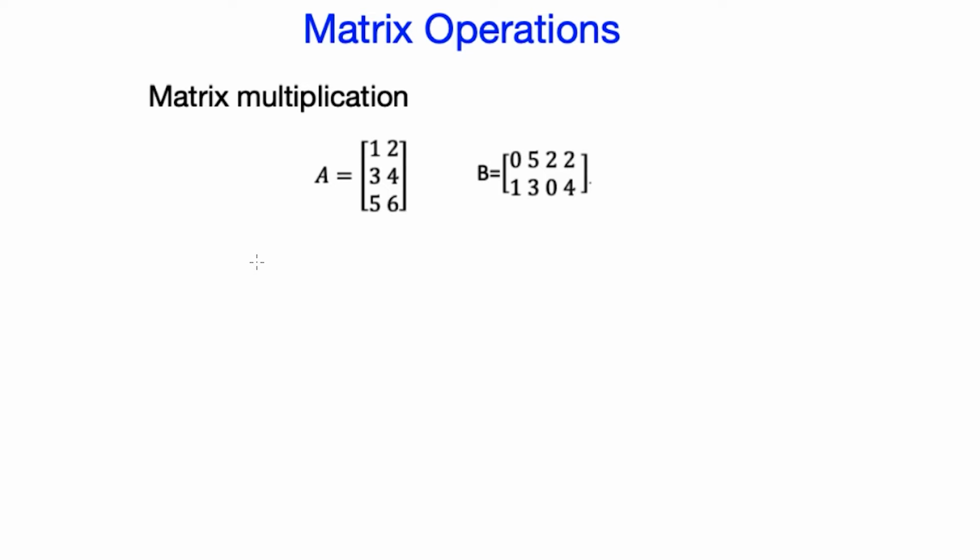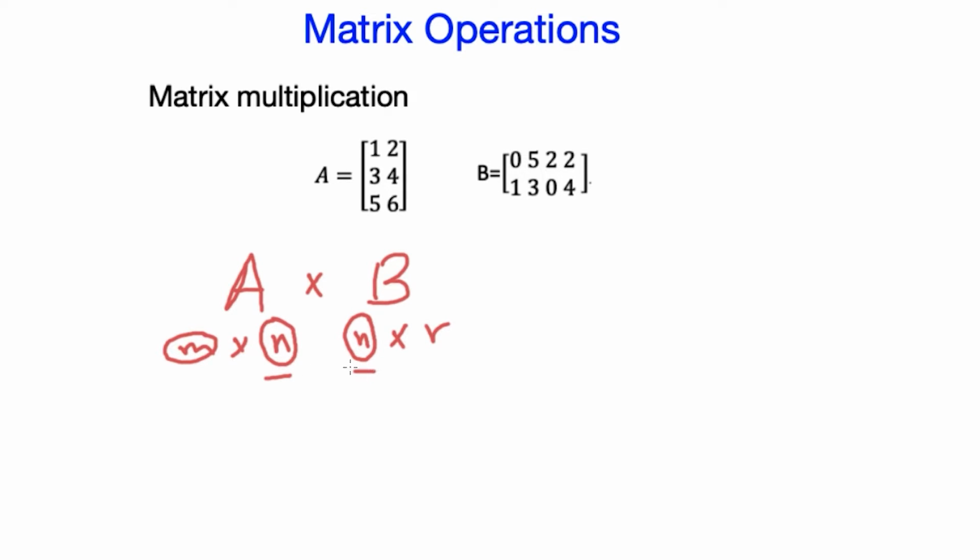The first thing is to check the number of columns: if we have a matrix A and we want to multiply it by matrix B, the number of columns of A, which is n, must equal the number of rows of B. We don't care about the other numbers; here it can be any number, for example m, and here it can be any number, for example r. But these two numbers must be the same.